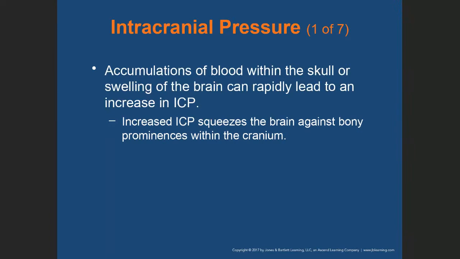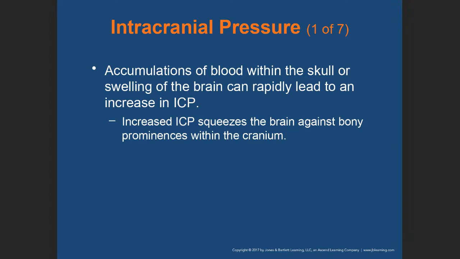So if a patient has a head injury and there is bleeding or swelling inside of the brain, that swelling or bleeding will cause the ICP to rise, which creates pressure on the blood vessels. So the blood vessels that are supposed to supply the brain with blood are compressed, and the body is going to feel like the brain is not getting enough blood.